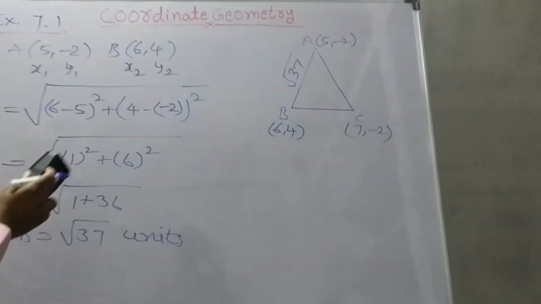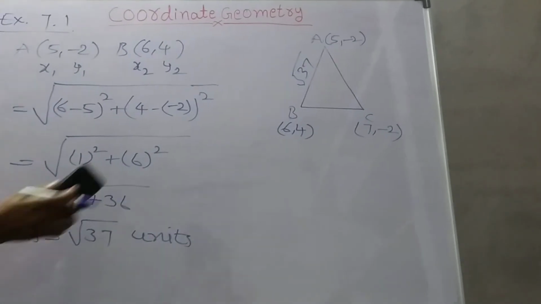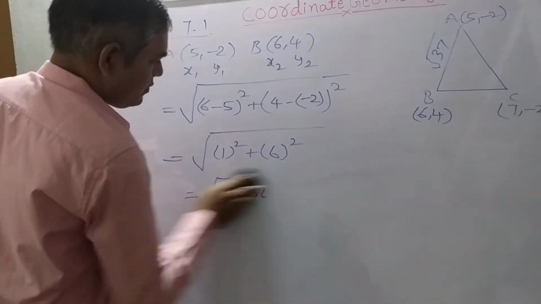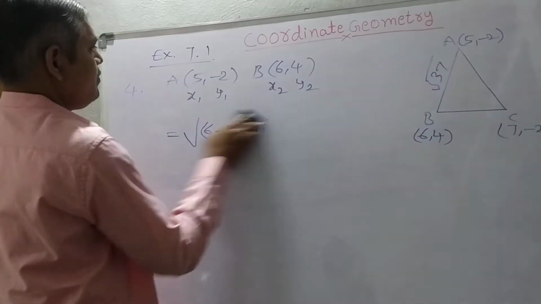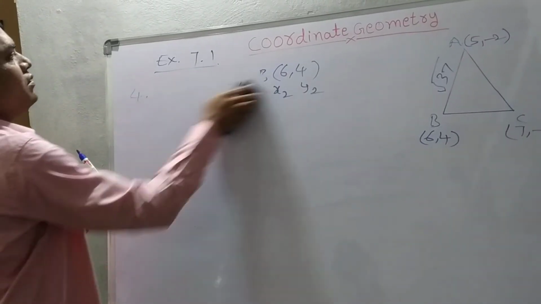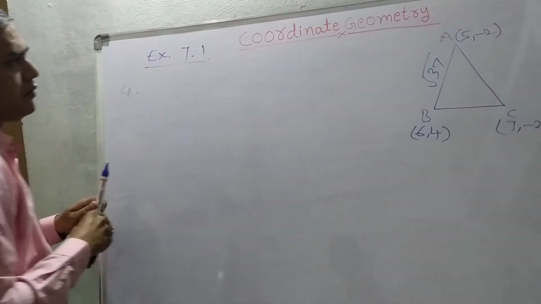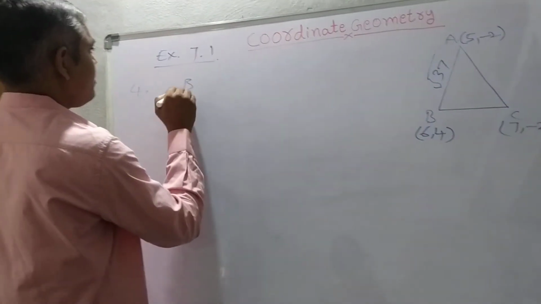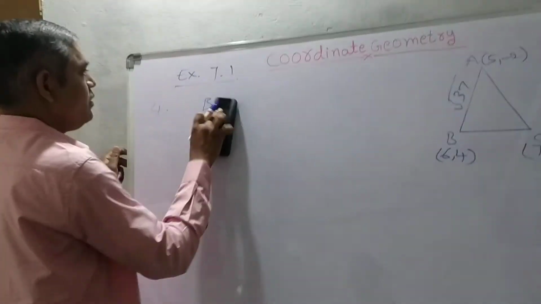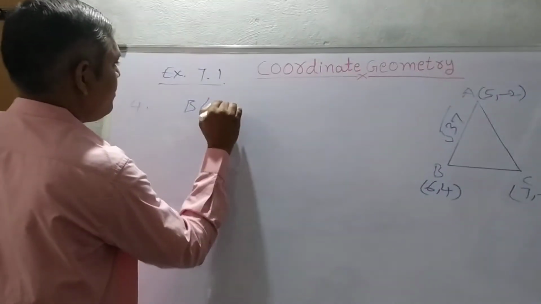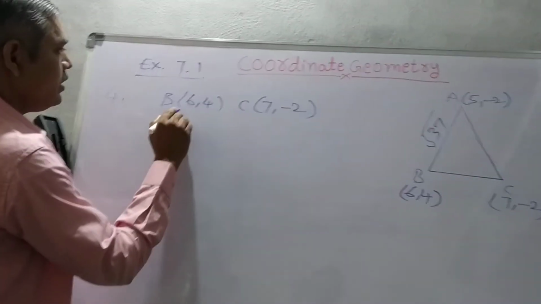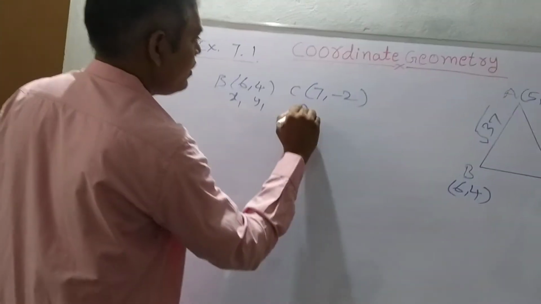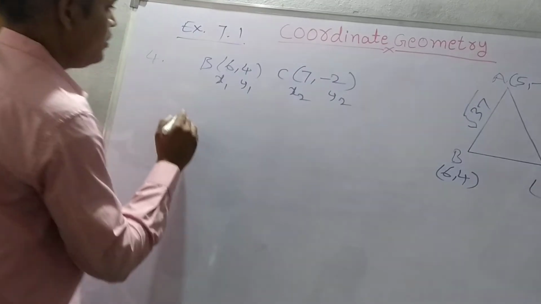Now we are going to find the distance between B and C. B is (6, 4) and C is (7, -2). These are x1, y1, x2, y2.